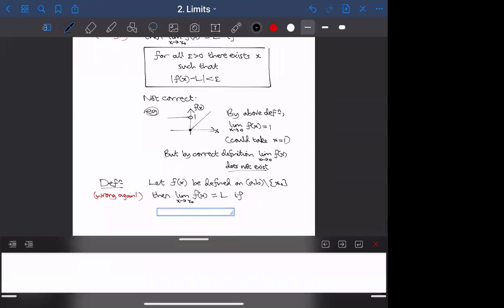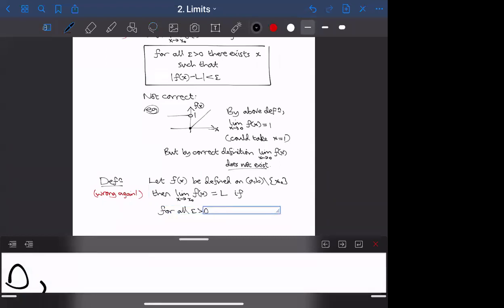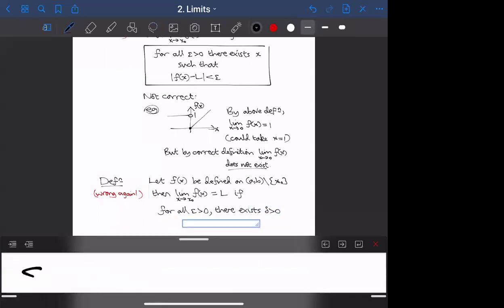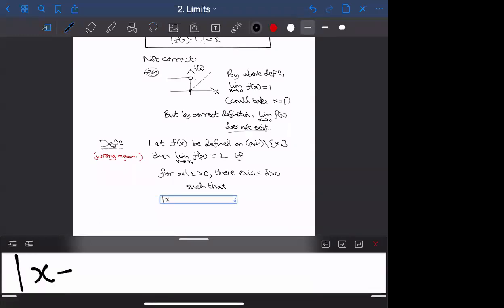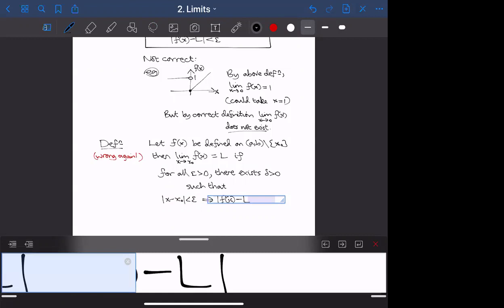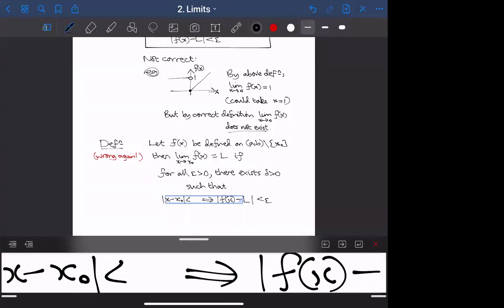And let's say for all epsilon greater than 0, there exists delta greater than 0, such that if x is close to x0, then the value of the function is close to L. Oh, didn't mean that, I meant close by delta.